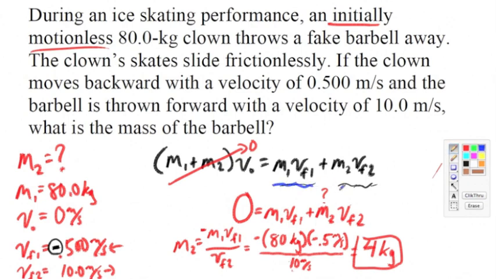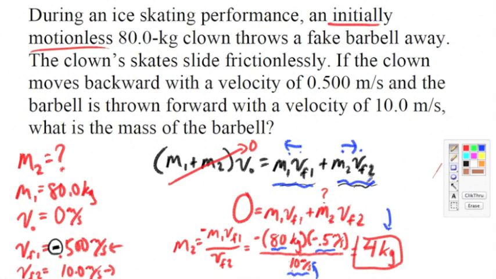If we have these two momenta and we know that they should be equal and opposite, and the clown has 80 kilograms, quite a bit of mass, and a low velocity, we have a large velocity for our barbell. Should our mass for the barbell be greater than or less than the clown? Well, we have large mass times small velocity, and large velocity times small mass. Those could work out. We should have a mass less than 10 kilograms. We do get that, and we do see proportionality there.